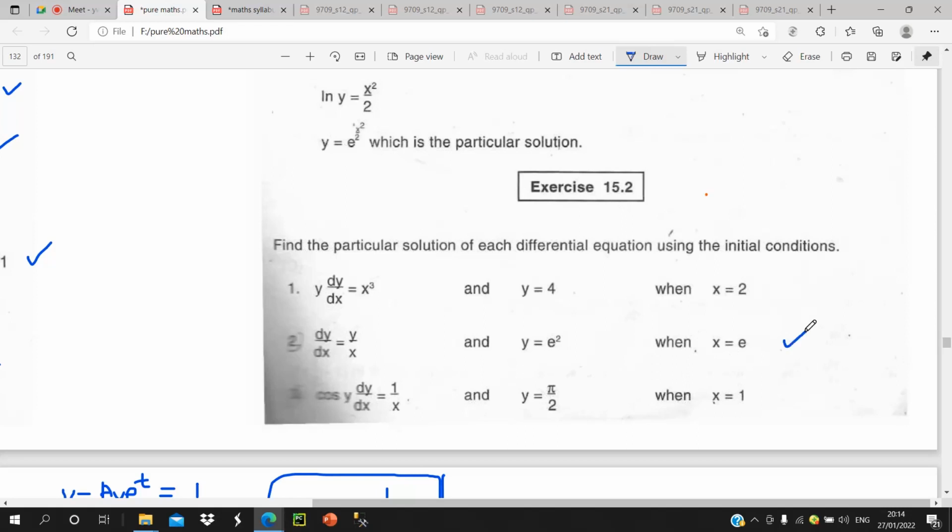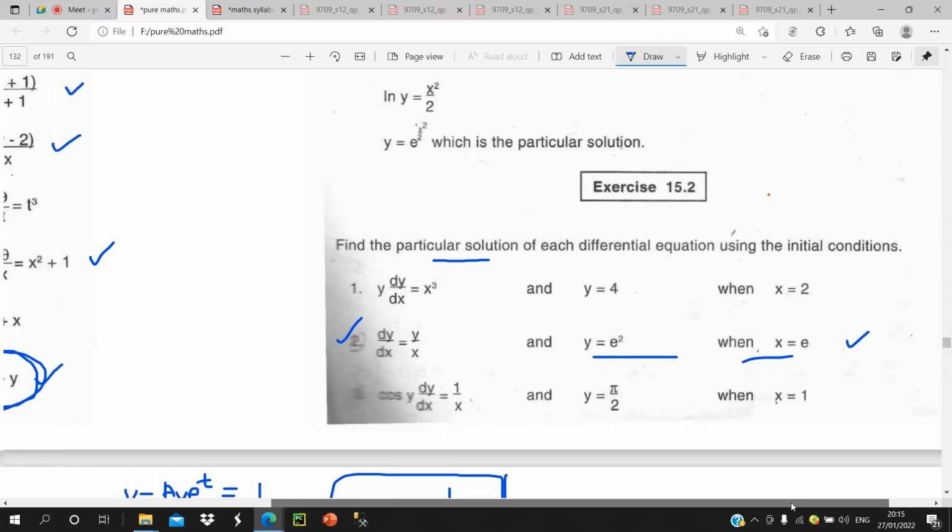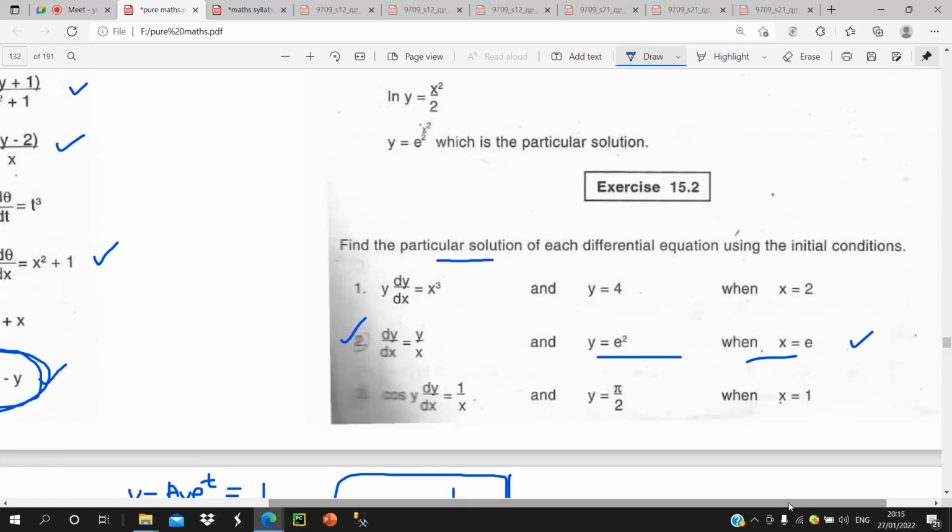Can you copy number 2? So this is the question and these are the initial conditions. We want to find a particular solution. This is our differential equation and these are the initial conditions that we are given. You are done?